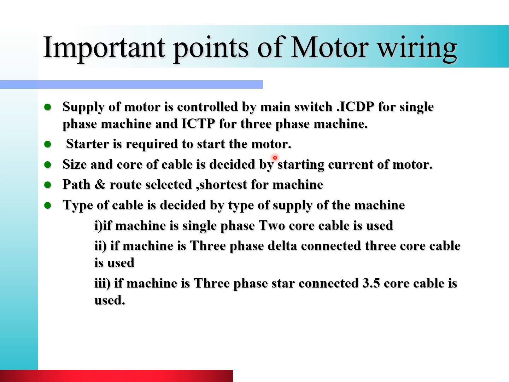A starter is required to start the motor as the starting current is more, so to limit the starting current, a starter is required. Size and core of the cable is decided by the starting current of the motor.